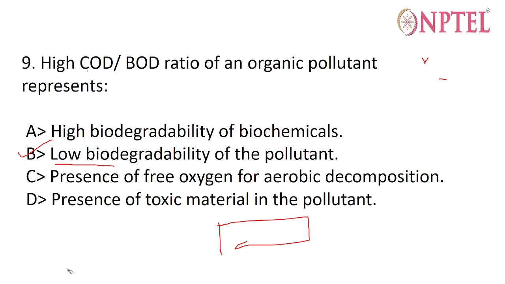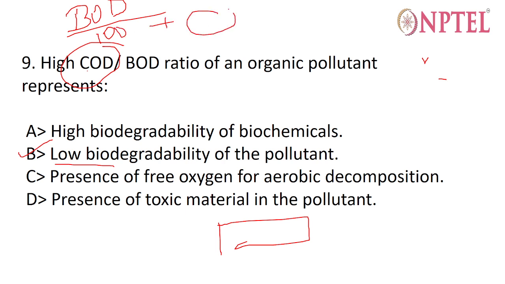So you can understand that inside this COD, there will be BOD, like whatever can be degraded by microorganisms, that can also be degraded by your chemicals. Suppose I have a BOD of 100 mg per liter, and there is something extra, 50 mg per liter of organic matter.